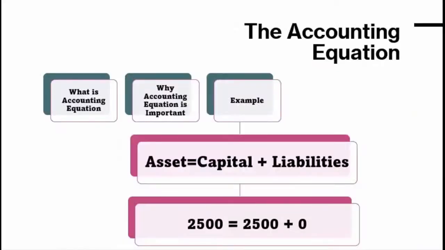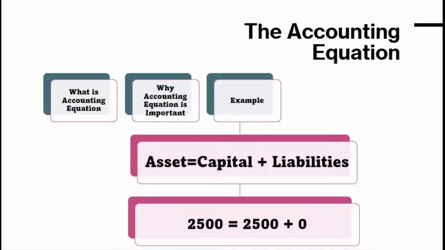What happens next? This example is the first step in understanding the accounting equation. At this stage, we only have an initial investment from the owner, so the business only has assets, cash, and capital, with no other liabilities. As the business grows and starts to buy goods, sell products, or take loans, the accounting equation will still apply.